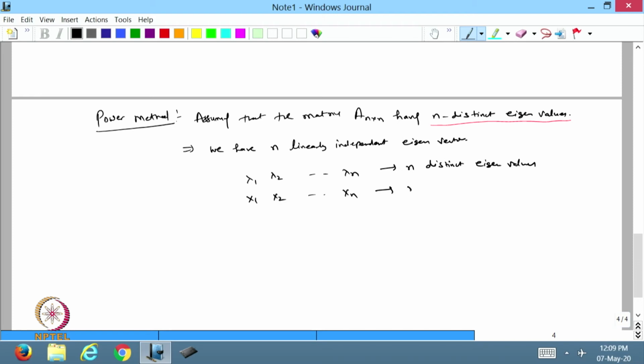So, these are n linearly independent eigenvectors. Now I know that these are linearly independent eigenvectors. So, let us choose, without loss of generality, that lambda 1 is the highest one. So, I can write lambda 1 is greater than lambda 2 up to lambda n, because they are n distinct eigenvalues.